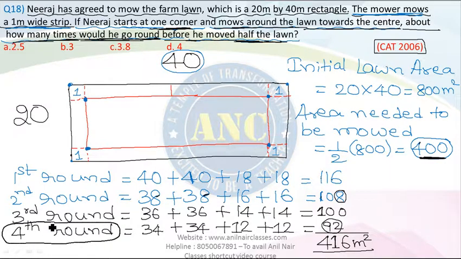Totally he would have gone for 4 rounds before he mowed half of the lawn, which is 400 meter square. The answer for this question is not 3, which some people will get confused and mark. The answer is option D, which is 4.